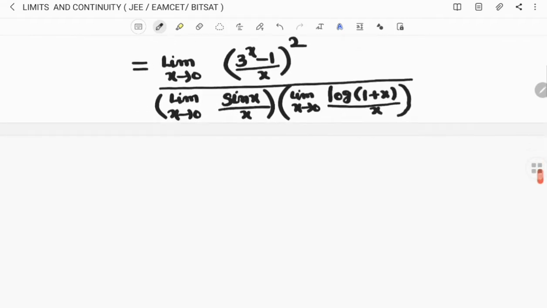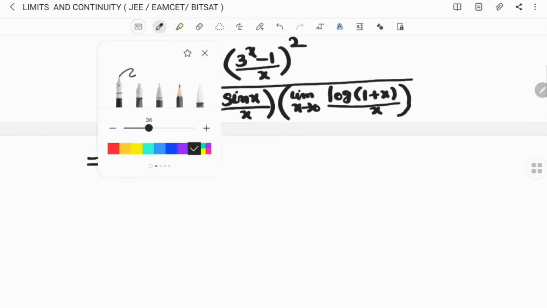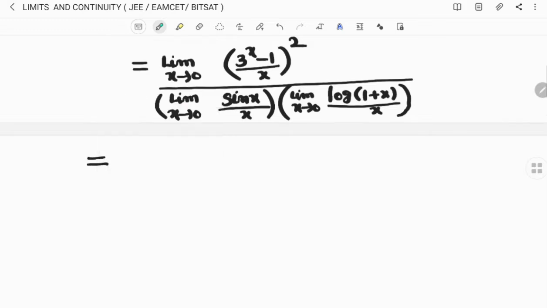So now we have the formulas. We need to learn all the formulae. Here I am writing all the formulas whatever we are going to apply here. Limit x tends to 0, a power x minus 1 by x is equal to log a to the base e.